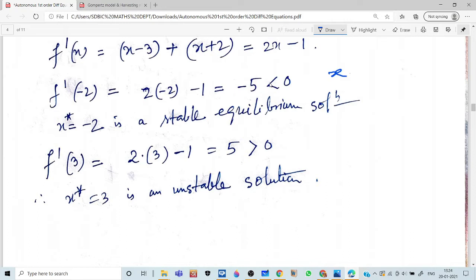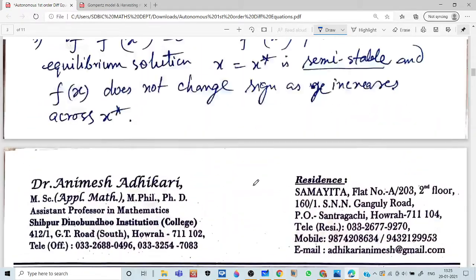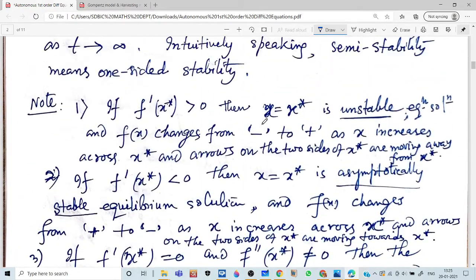So when f'(3) is greater than 0, it is an unstable solution, f(x) changes from minus to plus, and arrows on the two sides of x* are moving away from x*.